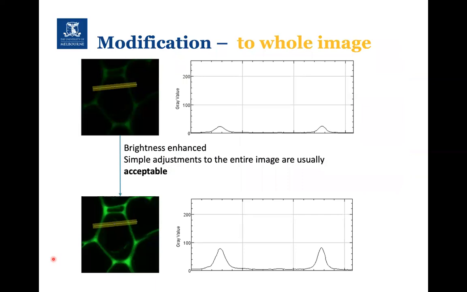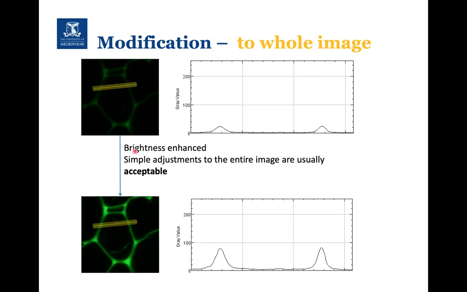Okay, so let's look at modifications to the whole image. So we talked before about the dynamic range. So again, this is a line profile taken across this fluorescence image, and we're looking at the intensities here as we go across that line. It looks like we're on an 8-bit scale because it's going up to about 256 grayscale values.